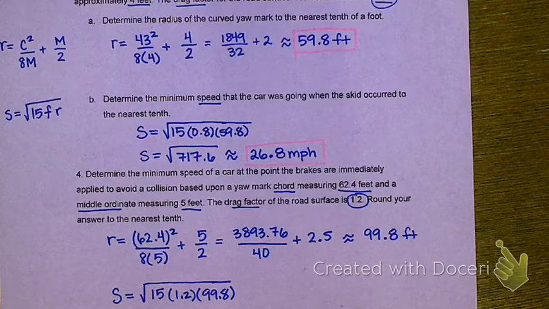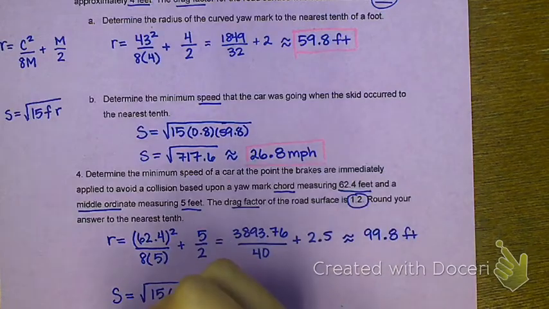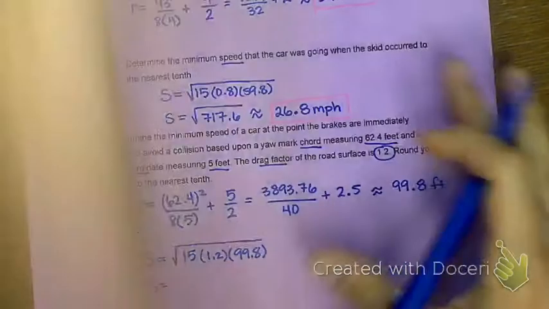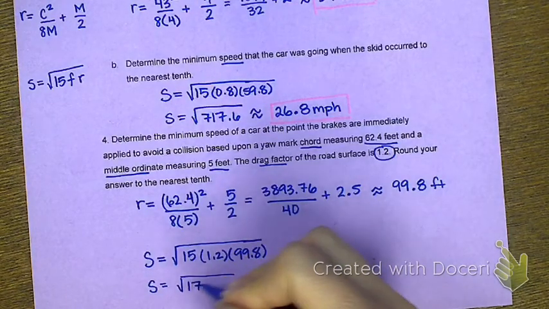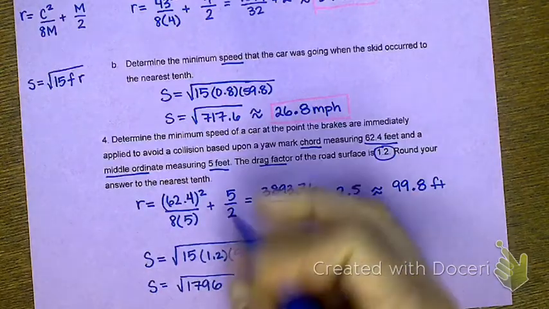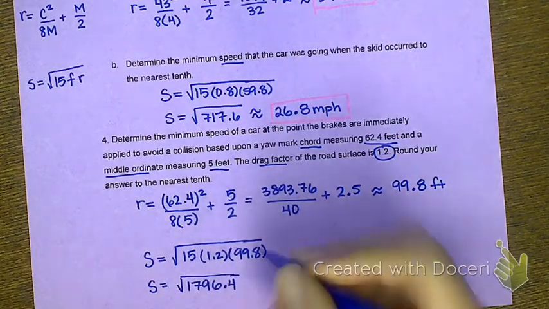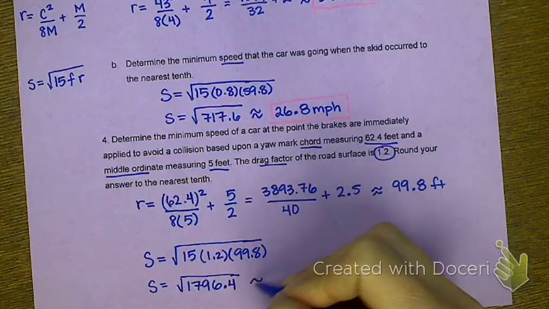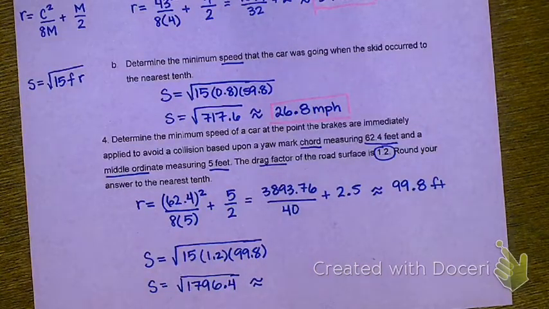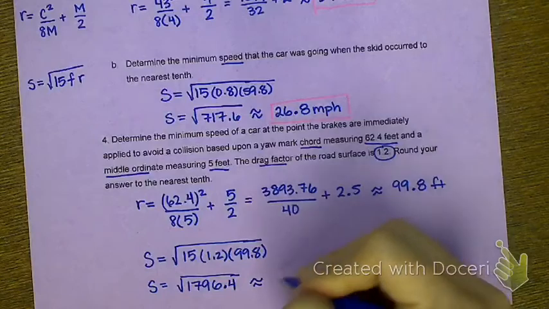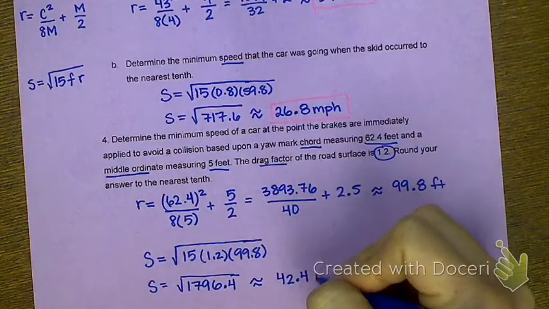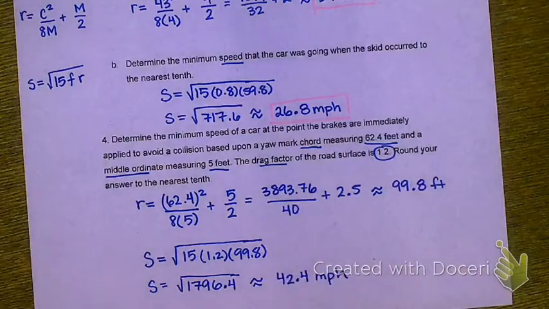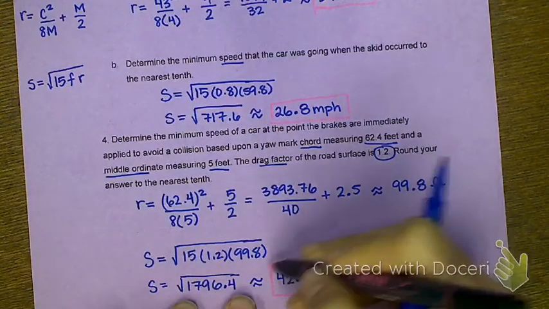So 15 times 1.2 times 99.8 gives me 1,796.4, and then I'm going to take the root of that and round to the tenths place. When I do that, I get about 42.4. Now this is a speed, so this is going to be in miles per hour for my answer. So this would be your final answer for this problem.